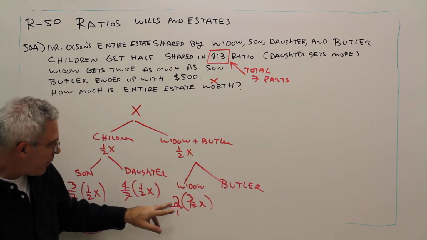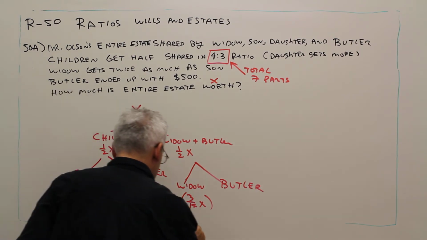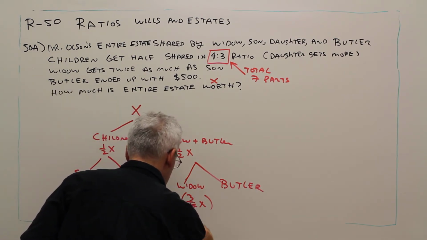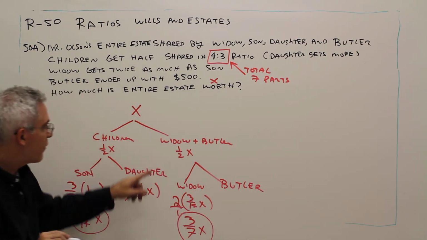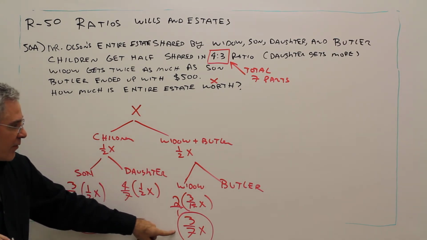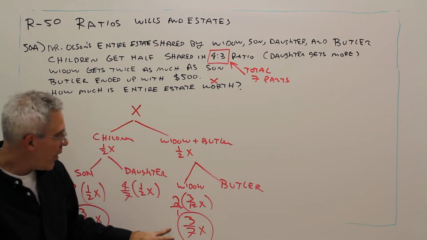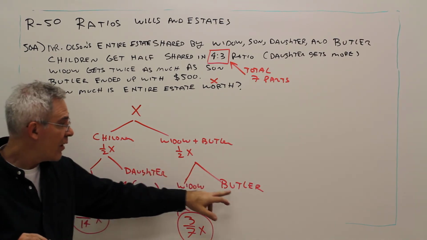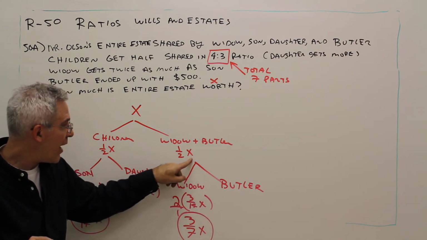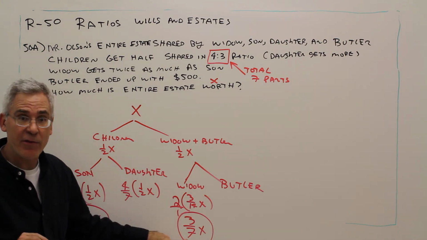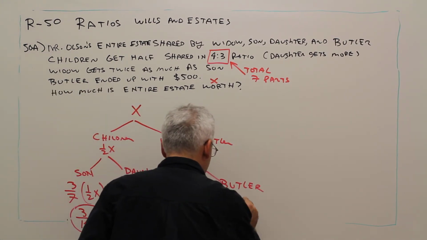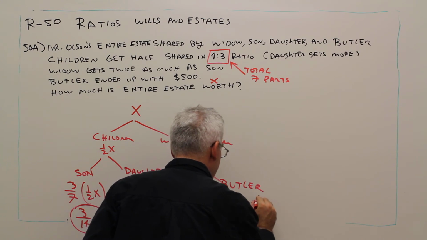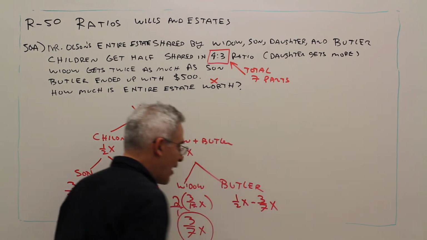That's going to end up being 3/7 X. So the widow is getting 3/7 X. Well, I know that the widow plus the butler sum to 1/2 X, so the butler must be that 1/2 X minus 3/7 X.